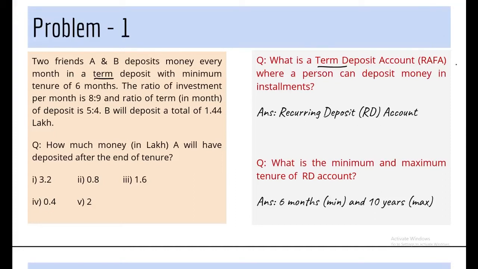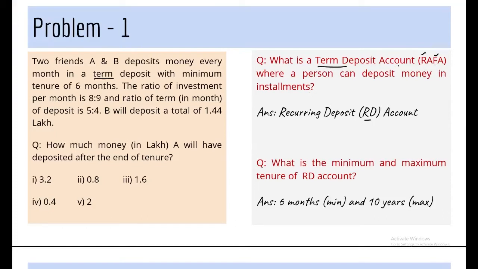The representation of RAFA is recurring account and fixed account. So the two term deposit accounts are the recurring account and the fixed account. If we deposit in installments, it is called RD. Otherwise, if we make a one-time lump sum deposit, it is called a fixed account.